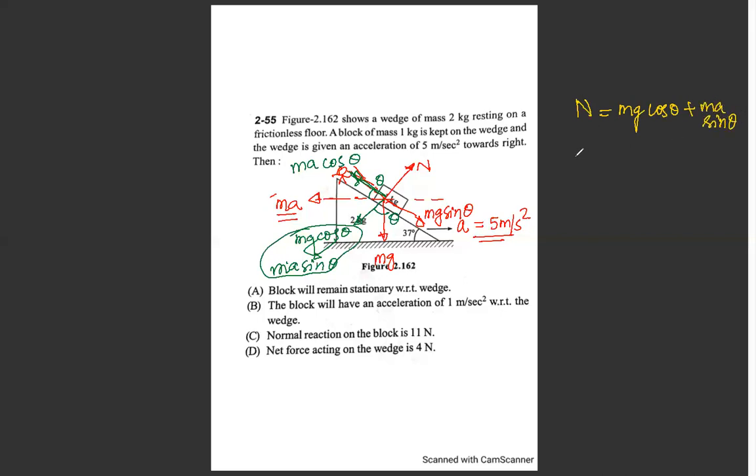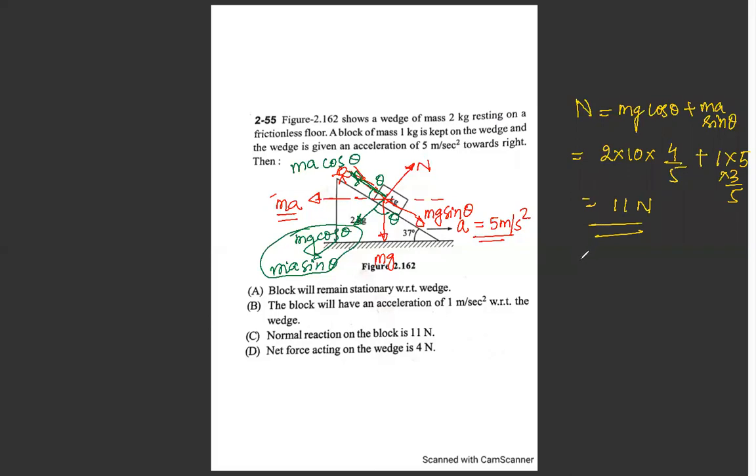This is one of your equations. Now putting the values: 2 into 10 into cos 37, which is 4 by 5, plus 1 into 5 into 3 by 5. When you add all these things, we are getting it as 11 Newton, right?